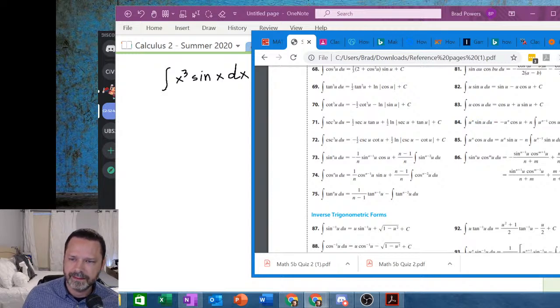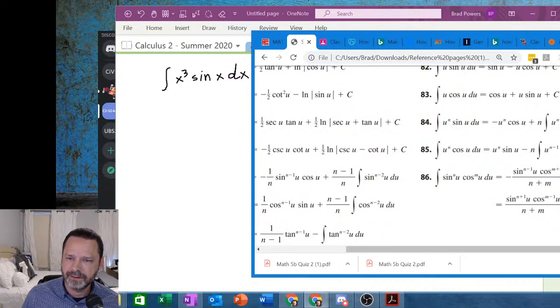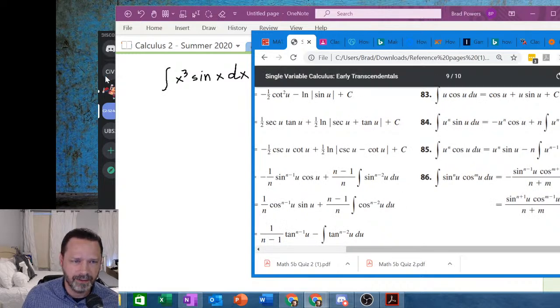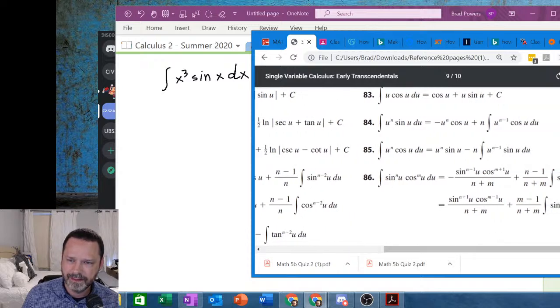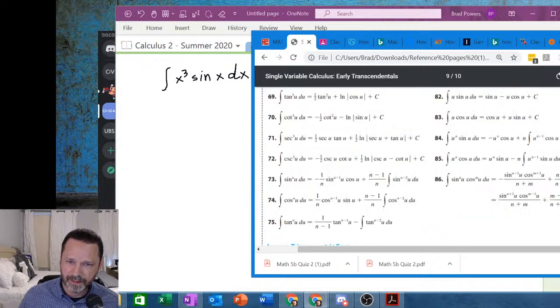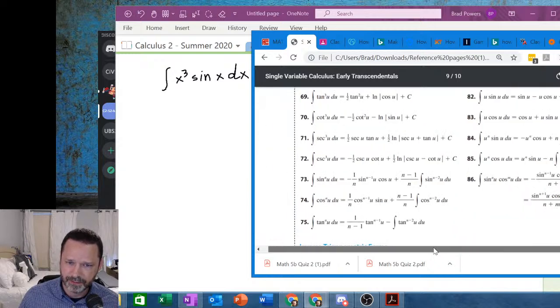And if you can't see it, it's u to the n sine u. That might do it, but it's still going to have a u to the n cosine u plus, and so we get that, and then the power of u goes down. So I'd have to keep doing that, and maybe I could just do that 2 or 3 times. That might do it. So that's definitely an option. That would probably do it. Just use that 2 or 3 times.